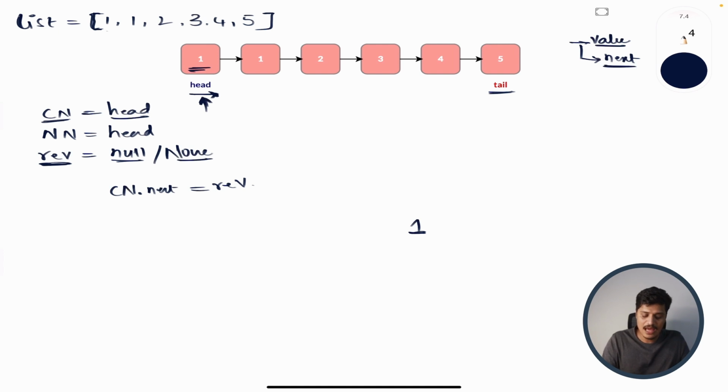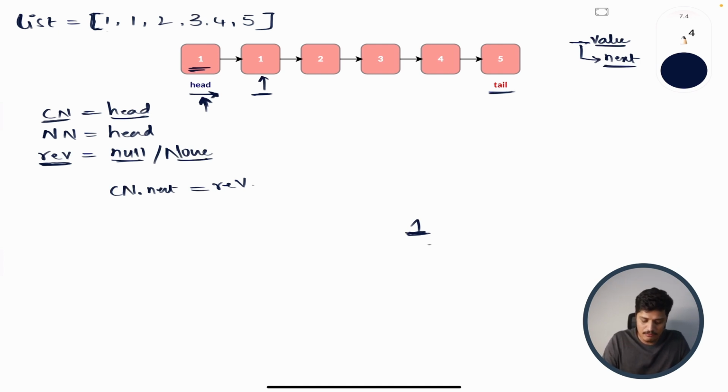Immediately we will have the next node also, right? So we will update the next node with the current node dot next, pointing to this one. Now also the current node is not null, we still have not reached the end. This is the reversed list so far. So we will pick up 1 again, and we will add 1 in the front of the reversed list that we have so far.